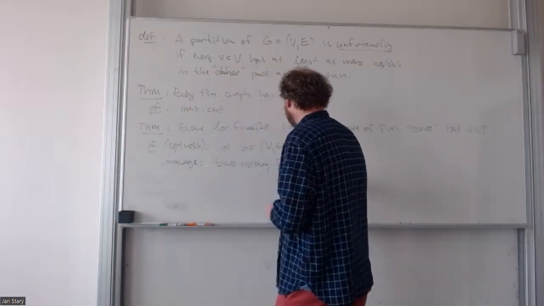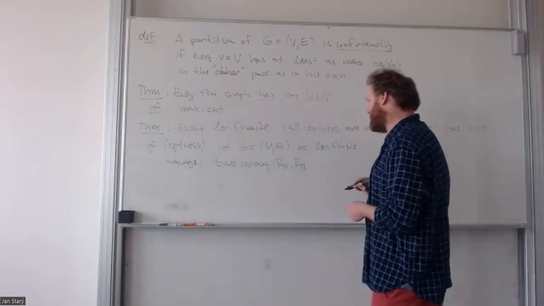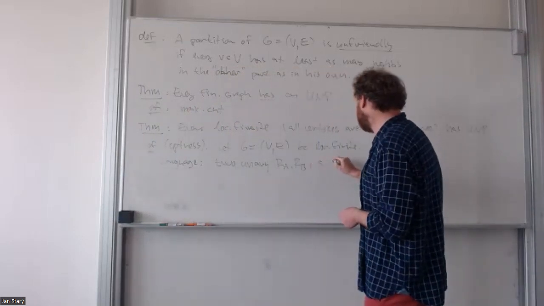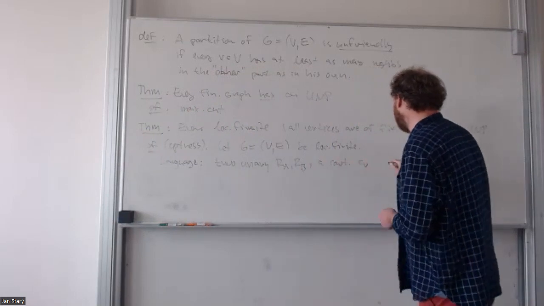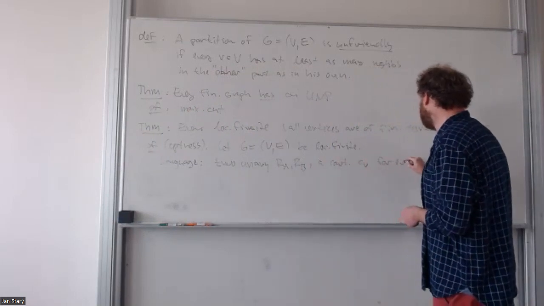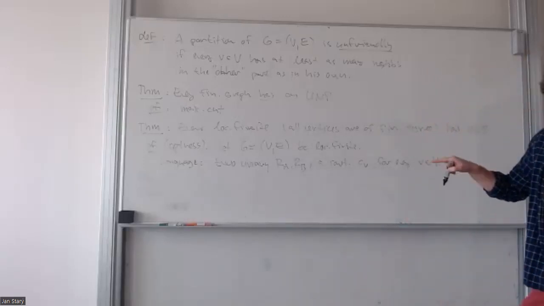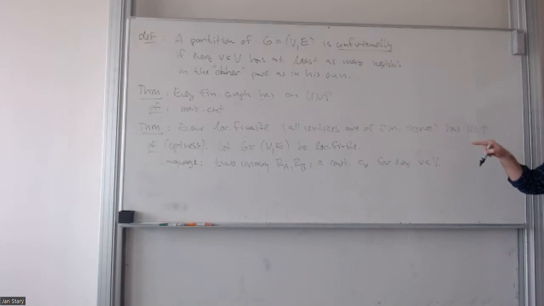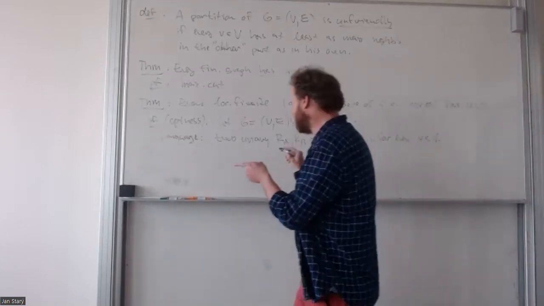Let's say R_A and R_B, and a constant, let's call it c_v, for every vertex v in the graph. So the language is infinite. The language is as infinite as the graph. And this is the theory in that language.